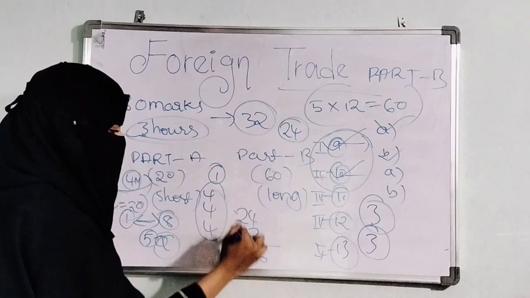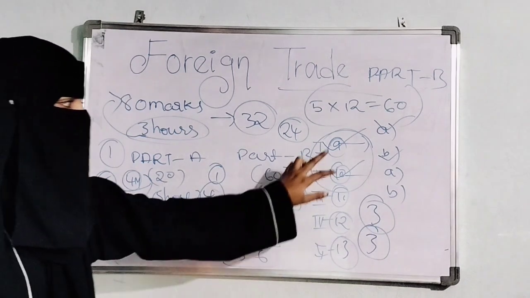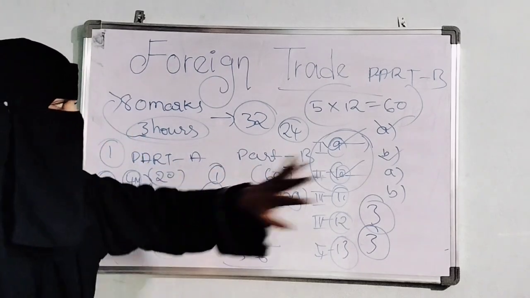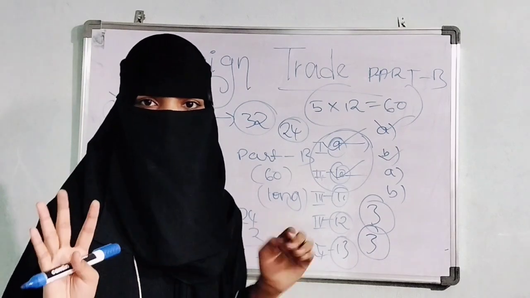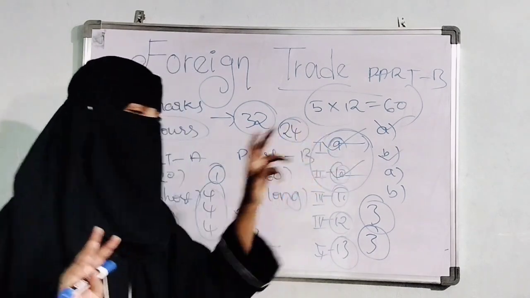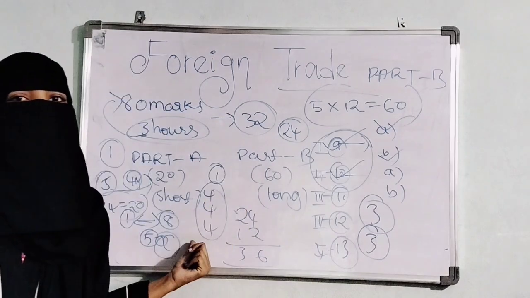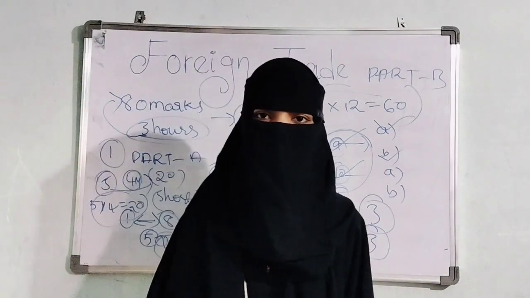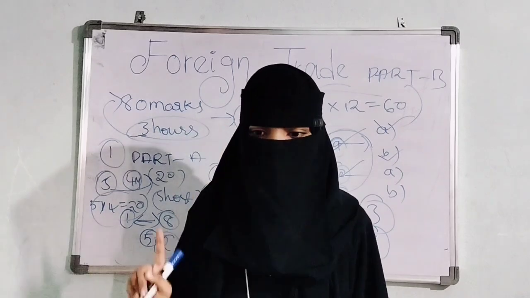You will easily get passed. 2 long questions, 3 short questions, you will get passed. Or 3 long questions and 1 or 2 short questions, you will easily get passed. Got my point? 2 long questions, 3 short questions, or 3 long questions, 1 or 2 short questions, or don't attempt short questions, you will easily get passed. This is the tip to easily pass in foreign trade.